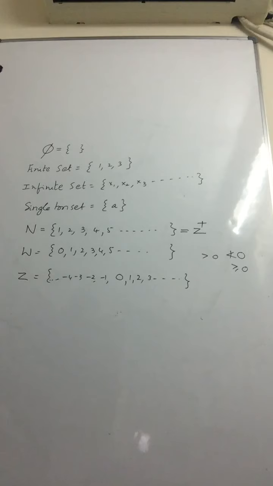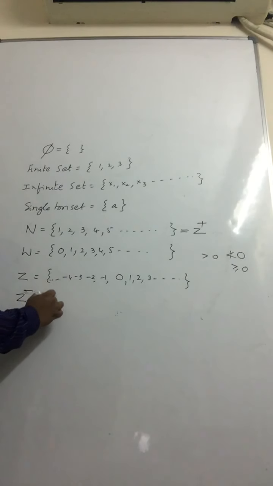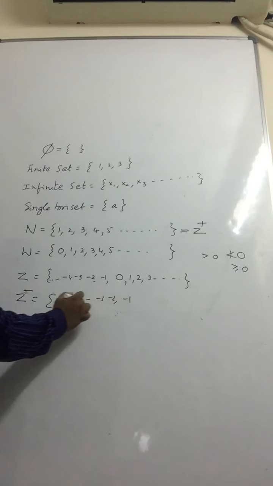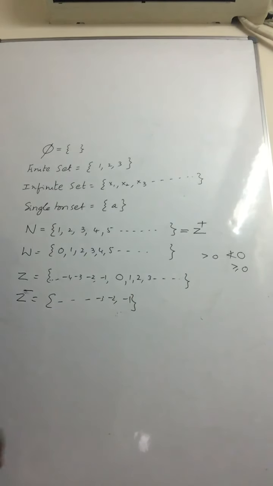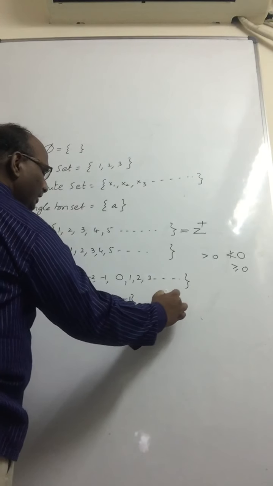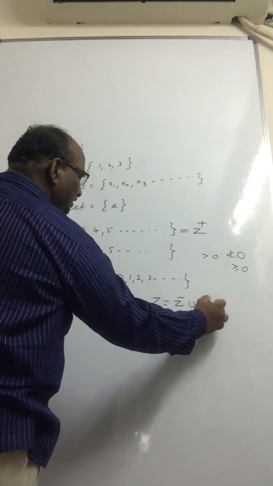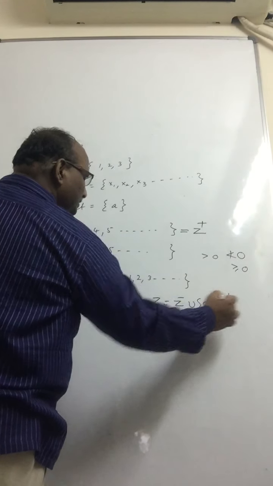Okay. Here Z plus, I already discussed, is nothing but natural numbers. Z minus, so here -1, -2, -3, these are negative integers. So Z also can be written as Z minus union 0 union Z plus.